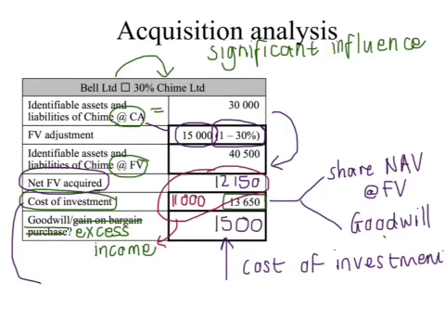If I remember the question, the acquisition was made on the 1st of July 2011. So in that 2011-2012 financial year end, the excess income will be included in our calculation of our share of the associate's profit and loss. In this example, the fair value adjustment related to a depreciable non-current asset where there was a $15,000 fair value adjustment required.